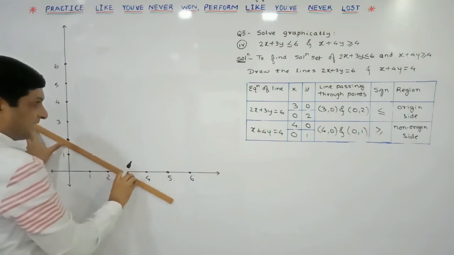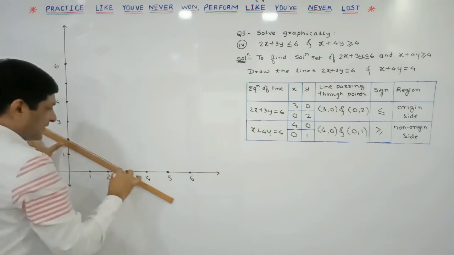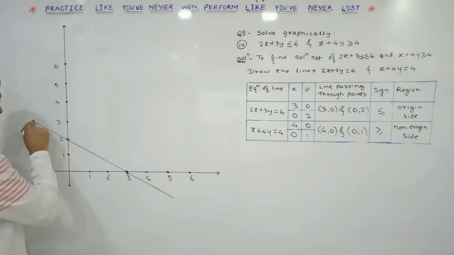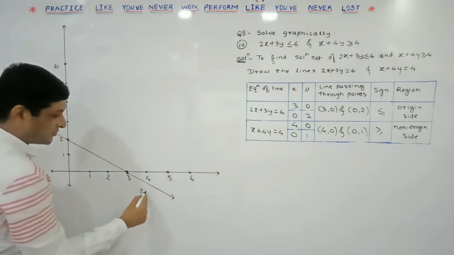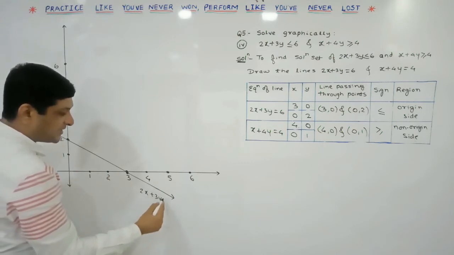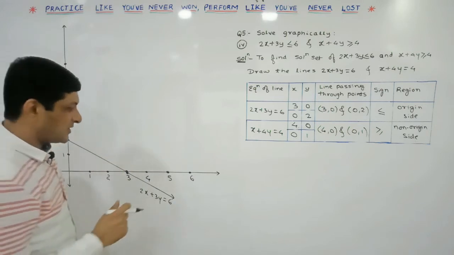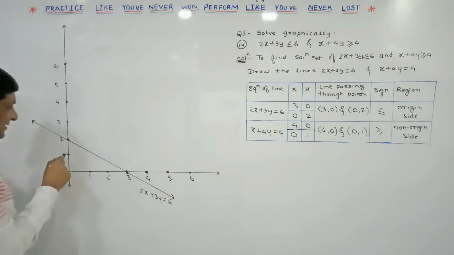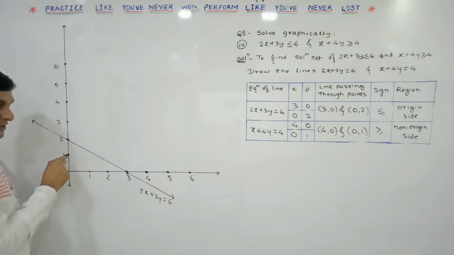So our first line passes through the points (0, 2) and (3, 0). The equation of this first line is 2x plus 3y is equal to 6. Now observe the coordinates of points on the second line. (4, 0) is our first point and the second point is (0, 1).